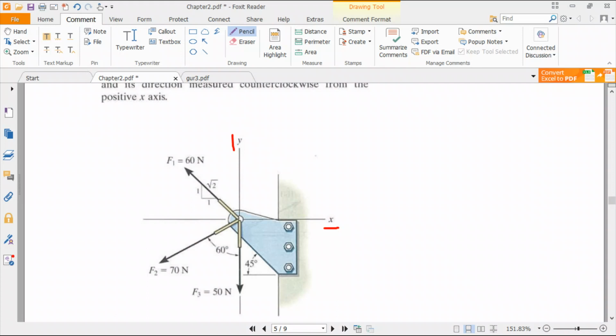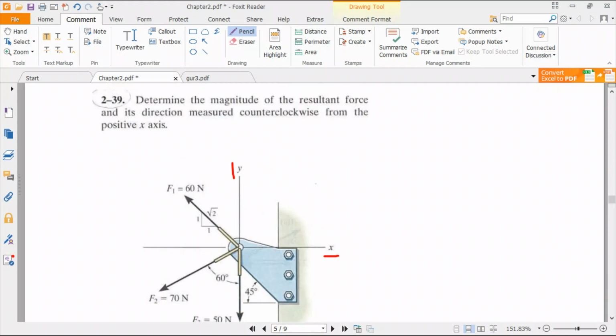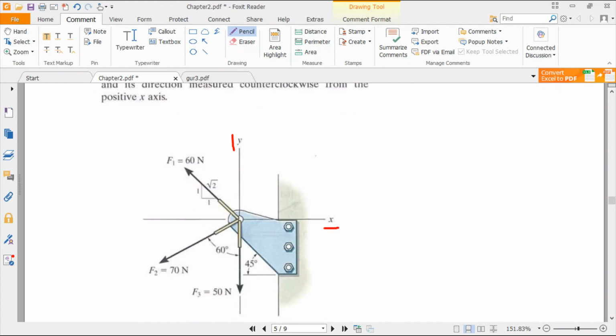And there exists a bracket. This bracket makes an angle of 45 degrees with the x-axis. So we are asked for the resultant force and direction of the resultant force.